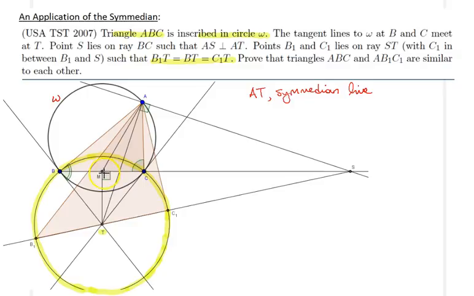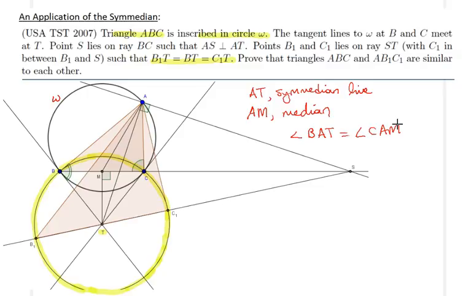So observe that special location of M here. M is the midpoint of BC, AM is the median, so let me write that down as well. AM being the median is very important for me. And because of the relationship between the median and the Symmedian, I can immediately establish that, for example, angle BAT is simply equal to angle CAM.